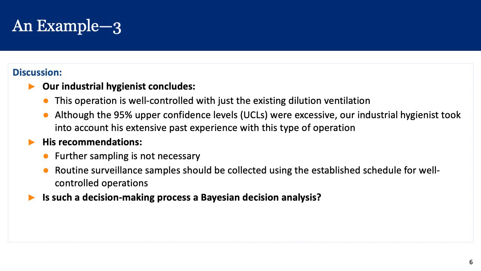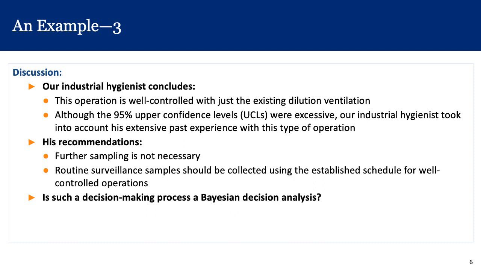And although the 95% UCL is excessive, our industrial hygienist took into account his extensive past experience with this type of operation. And his recommendations in this case are that further sampling is not necessary and routine surveillance samples should be collected using just the established schedule for well-controlled operations, meaning category 2 exposures.